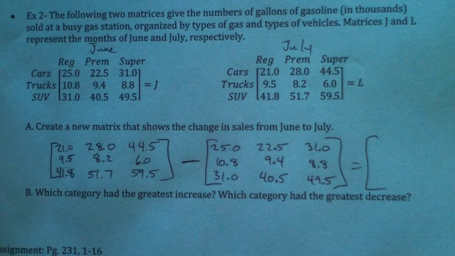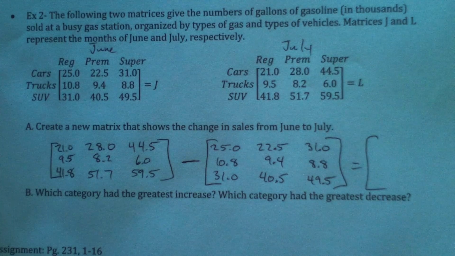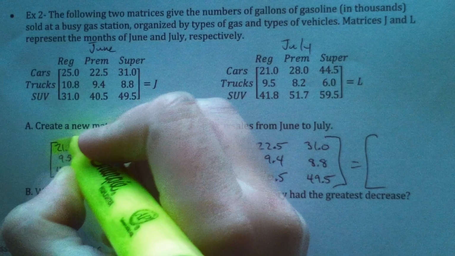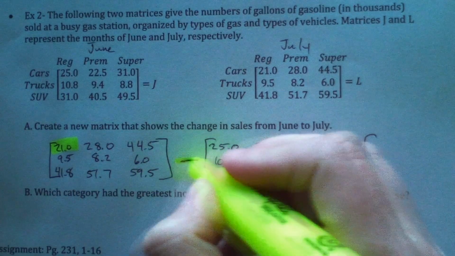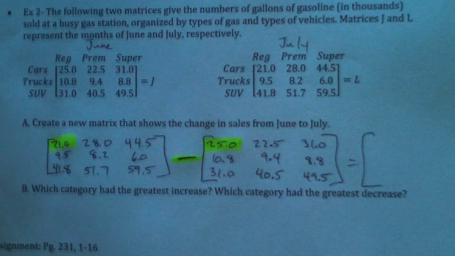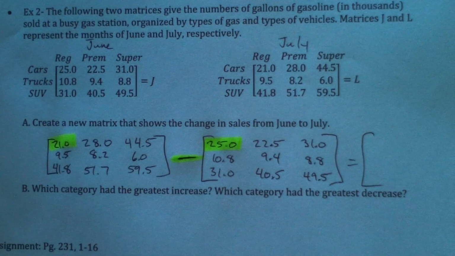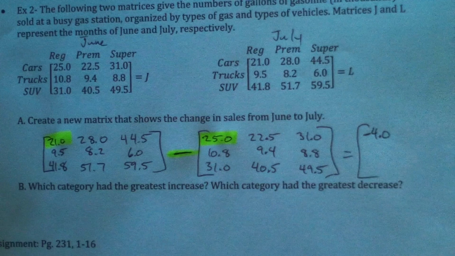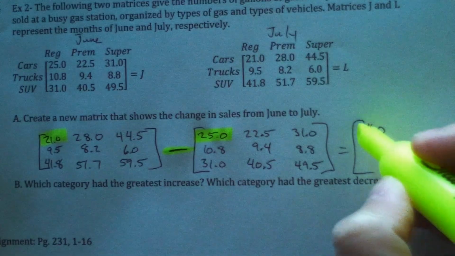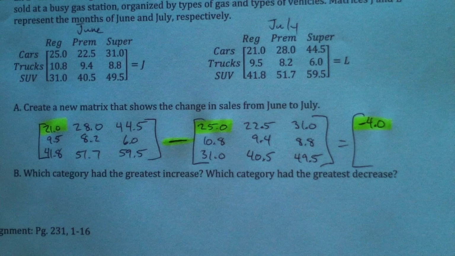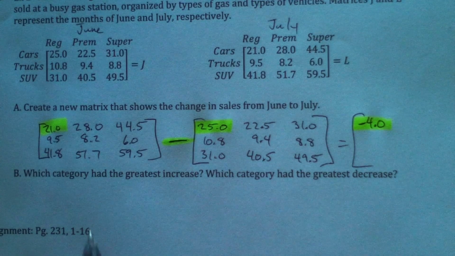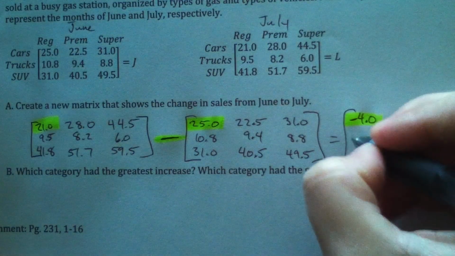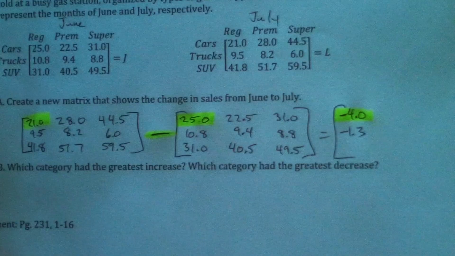Bottom one in the middle column, 51.7 minus 40.5, 11.2. And then last column, 44.5 minus 31, 13.5. One below that, 6 minus 8.8, negative 2.8. And then the last one there, 59.5 minus 49.5 is 10 even. 10.0.